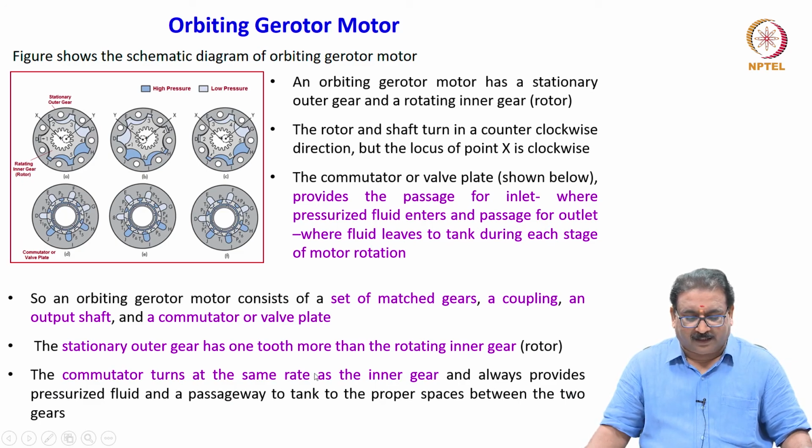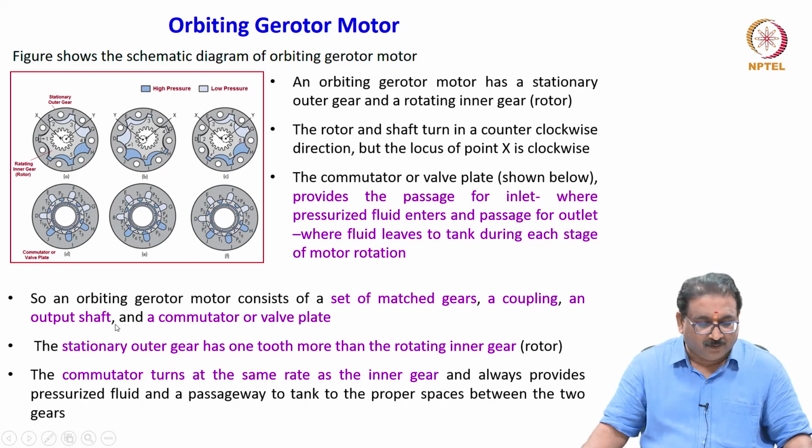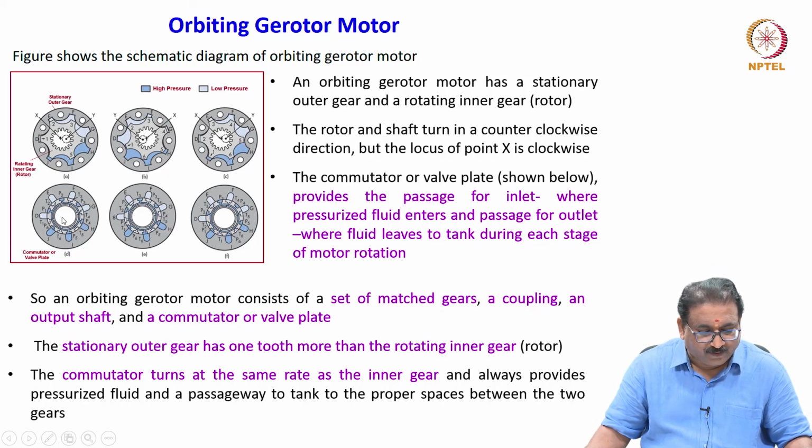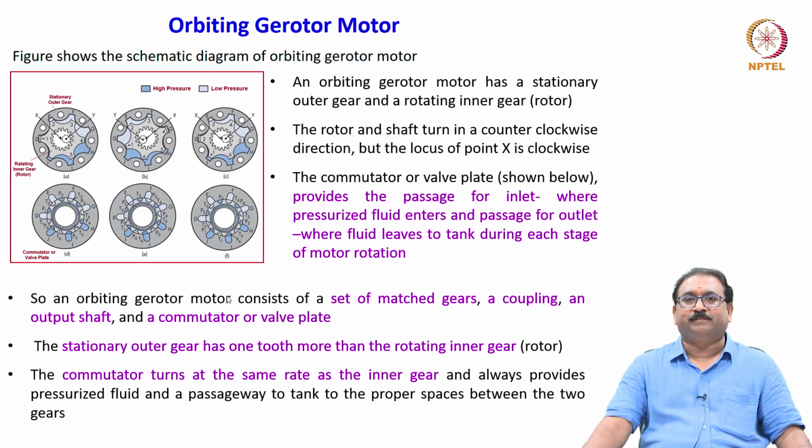The commutator turns at the same rate as the inner gear and always provides pressurized fluid and passages to the tank to the proper spaces between the two gears. You will see here, these are all pressurized when they rotate. These are all connected to the tank. Gerotor motors are similar to the gerotor pump. Here we are overcoming the crescent shape divider by providing one tooth less for the driver compared to the bigger gear.